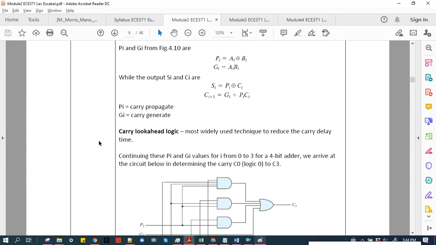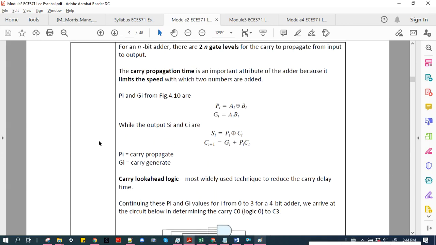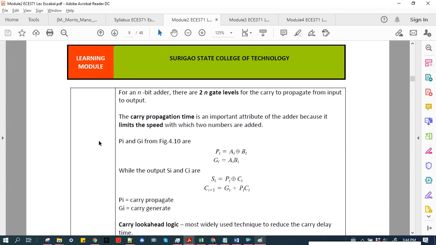So there are actually 4 logic gate levels or delays for the adder. So we have improved the gate delay of the carry from 2n gate levels to 4 gate levels.